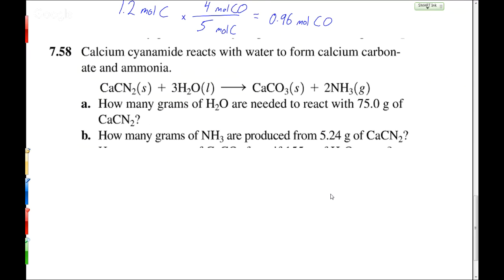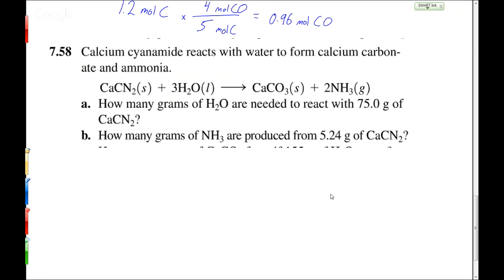How many grams of H2O are needed to react with 75 grams of calcium cyanamide? And then the same thing for ammonia. How much ammonia is produced? So in this case, you're going to do the same thing as before, but in order to get to moles, we have to convert grams to moles, and then we have to do the same thing at the end because the question is asking for grams.